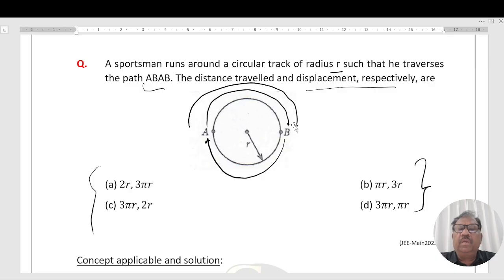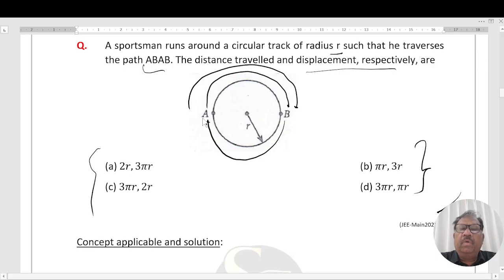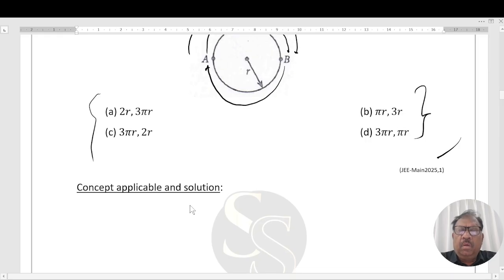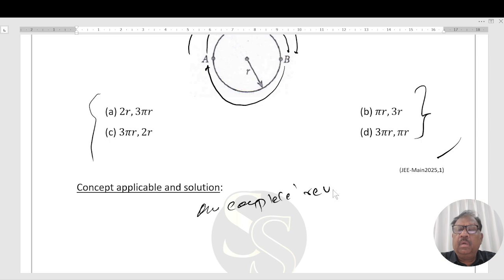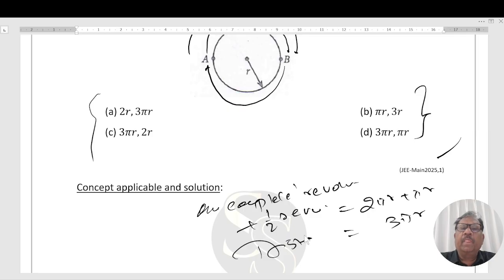The distance traveled is one complete revolution plus half revolution. That is 2 pi r plus pi r. That is the distance.